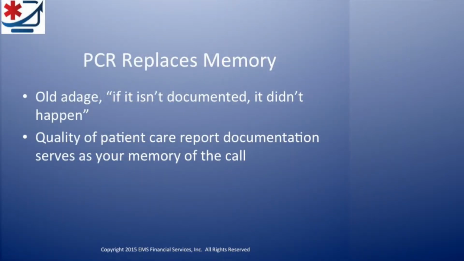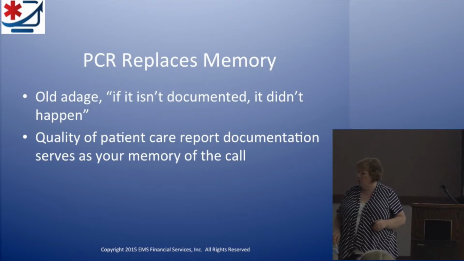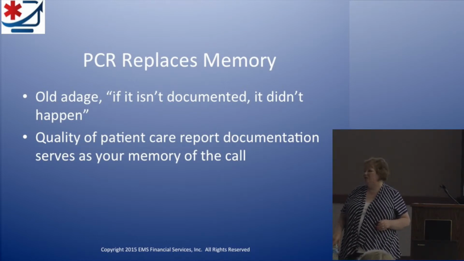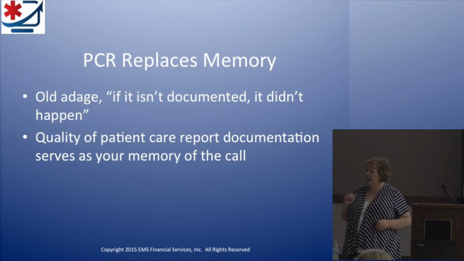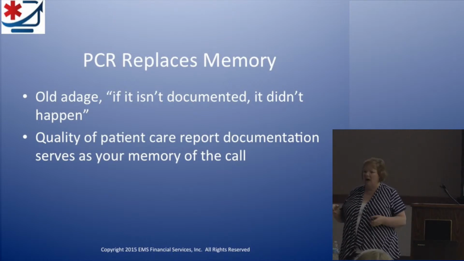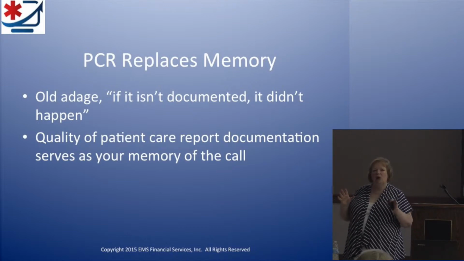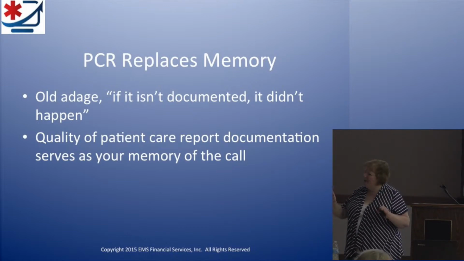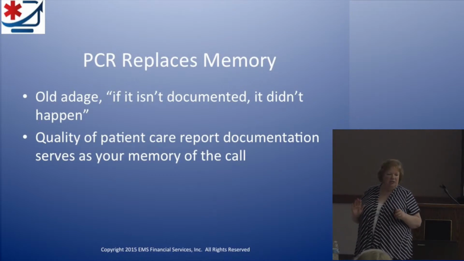You will not remember that she was wearing a pink nightie when you picked her up at the nursing home because she fell out of bed. You will, however, remember by the quality of your documentation when you took vital signs, what happened, the process, that she was a 2-man sheet lift. All of that will tell you what happened. The pink nightie isn't important. The rest of the documentation is important.